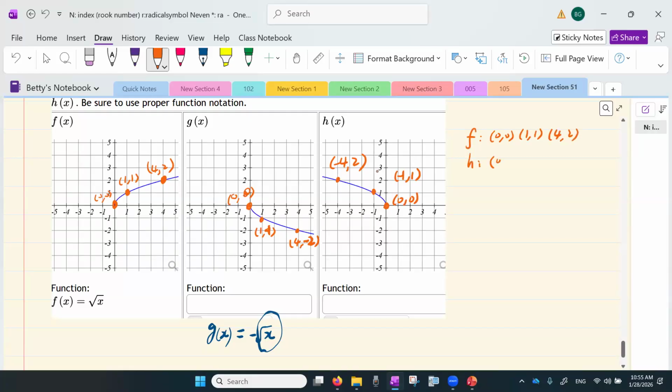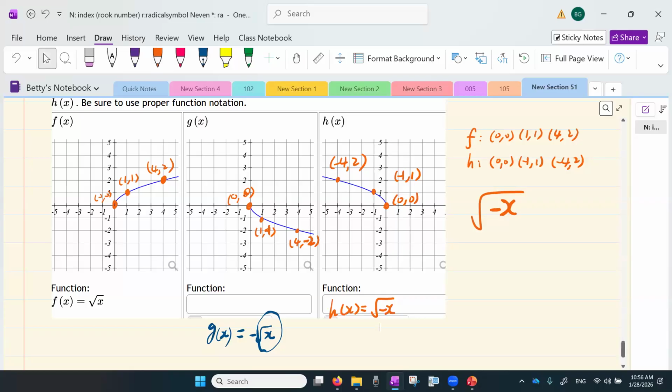For h, we have (0, 0), (-1, 1), (-4, 2). So the y value does not change. The x value becomes its opposite. That means you change all the x to negative x, right? So your h of x is root negative x, okay?